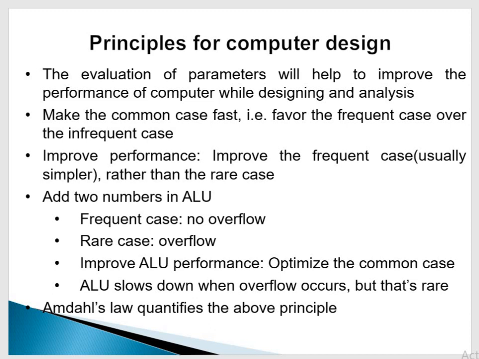So in case of a rare case occurrence, the performance of the ALU will remain the same as it was before enhancement. But this will be a rare case. We are not going to improve the rare case at the first instant. At a second instant, we can also include the rare cases as well.